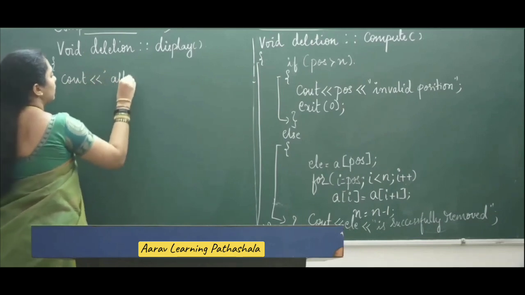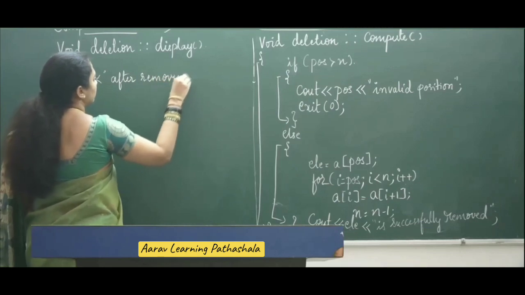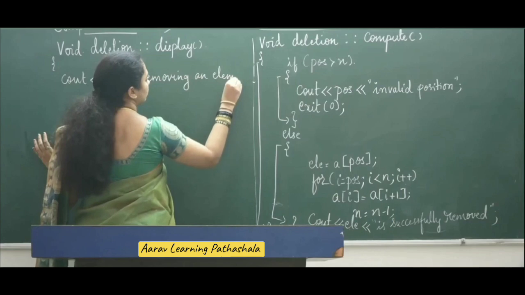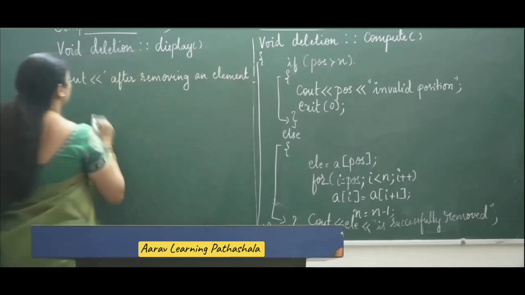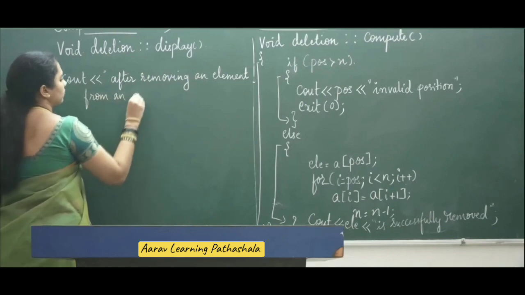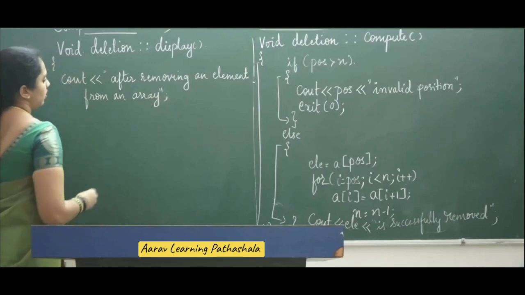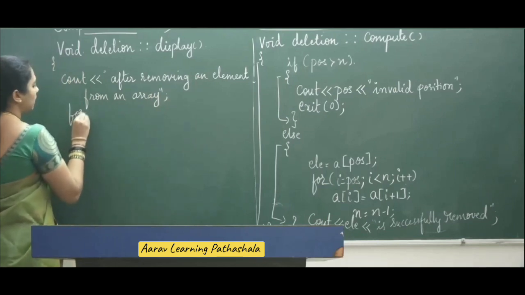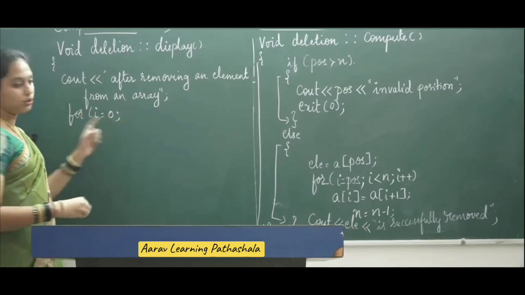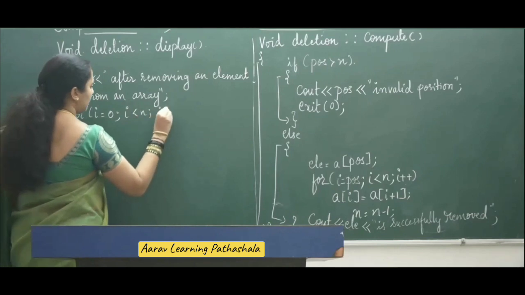So after removing an element from an array, using for loop we are going to display the array elements. So I is equal to 0, I less than n, I plus plus.